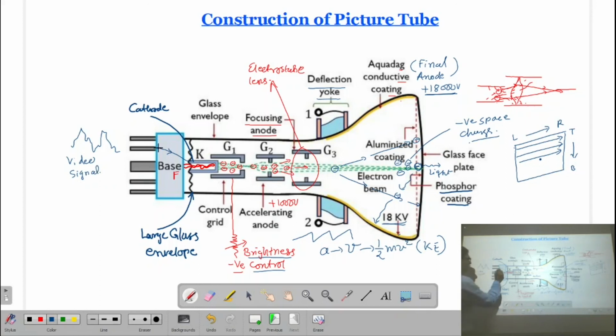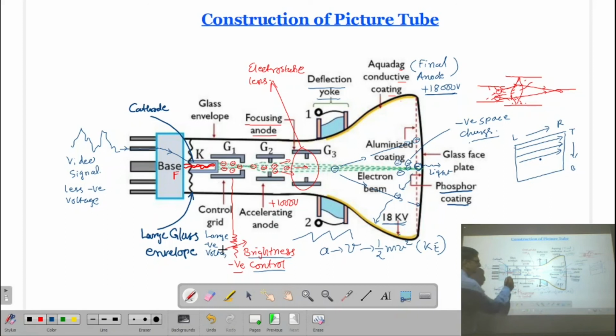Remember, this cathode is connected to the video signal. Here you should remember the cathode is connected to a less negative voltage, and the control grid is connected to a large negative voltage.